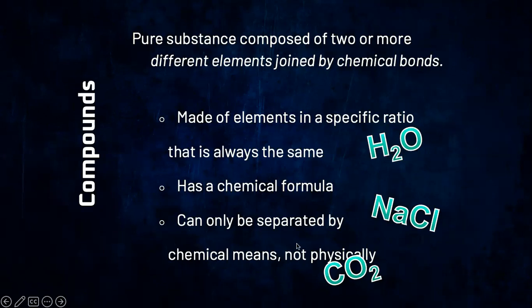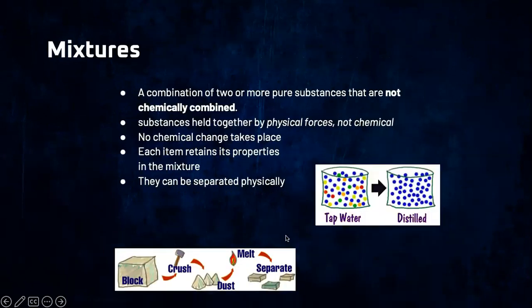All right. Next, after talking about elements and compounds, let's look at mixture. So what is a mixture? A mixture is a combination of two or more pure substances that are not chemically combined, which means to say, all I need to do is get two different containers and pour them together into a new container.